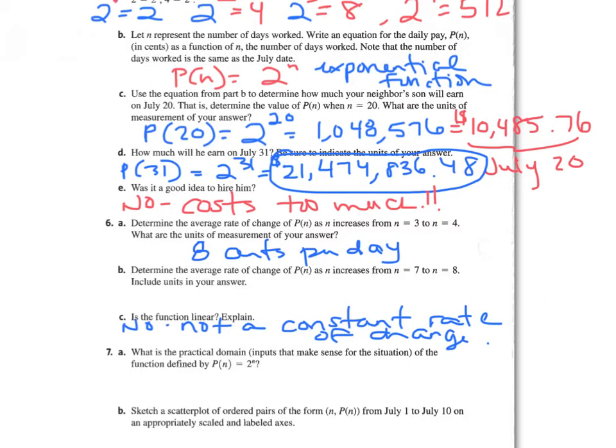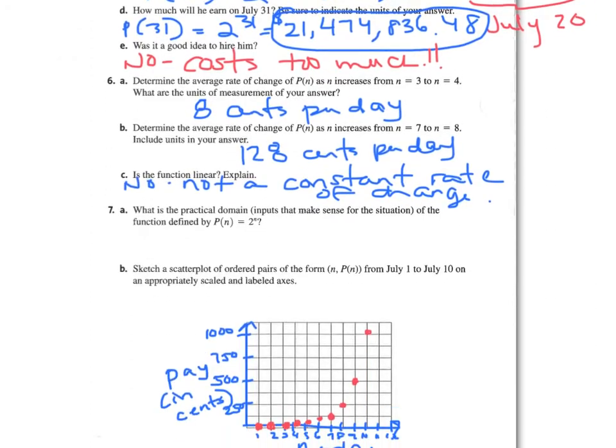And if we do the same thing between 7 and 8, the rate of change is 128 cents per day. So we can see right there, we knew from our table, and we can tell from the equation that we already wrote, that this was not going to be linear. But there we just showed that it's not. So we don't have a linear relationship.